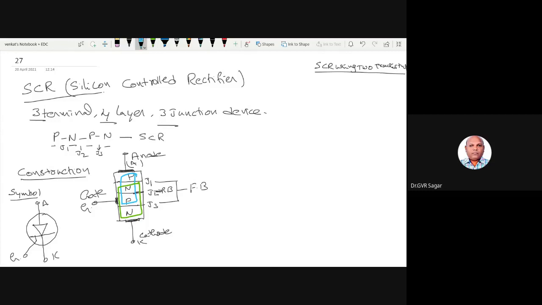I'm taking the same one in blue, a P, N, and P. Similarly, here is one lead taken out.